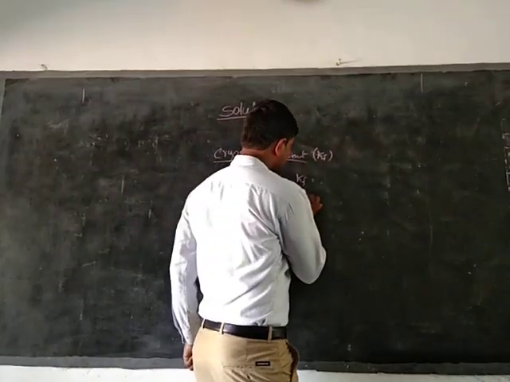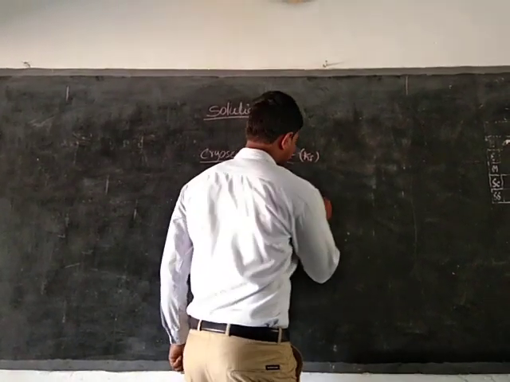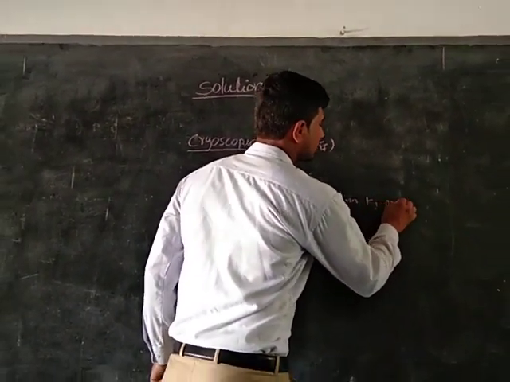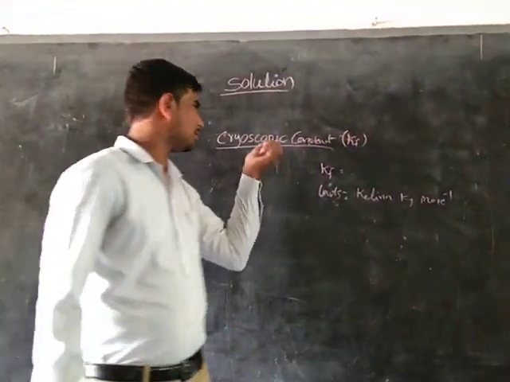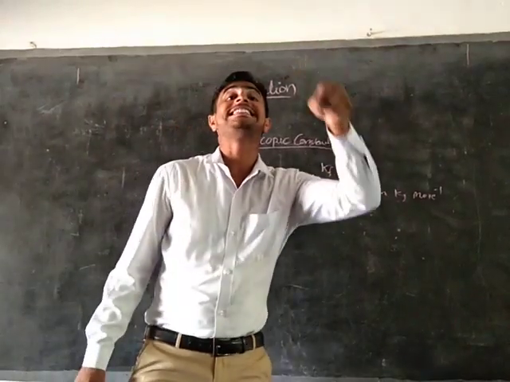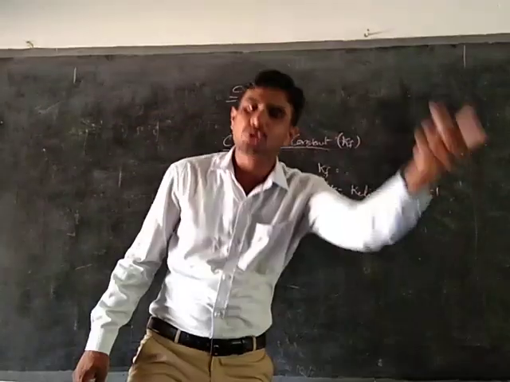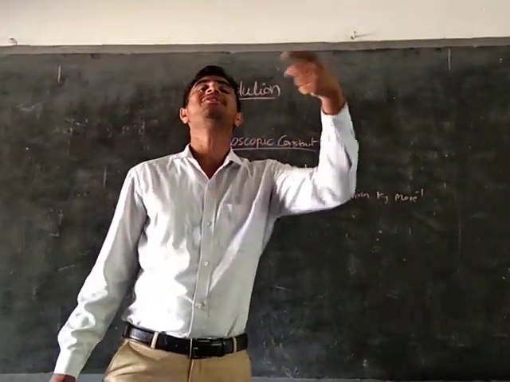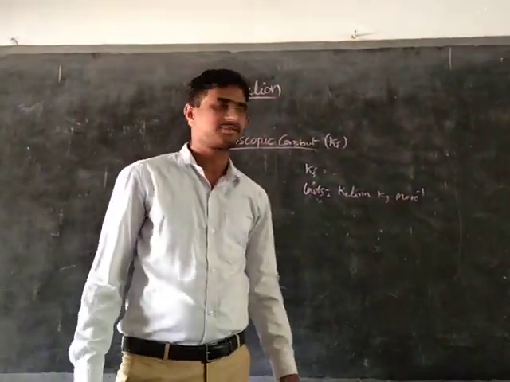Units are Kelvin kilogram mole inverse. The depression of freezing point observed in a 1 molar solution containing a non-volatile solute is called the cryoscopic constant.